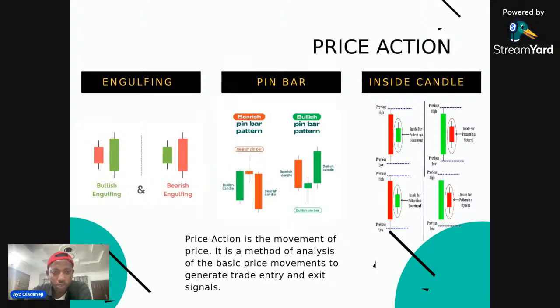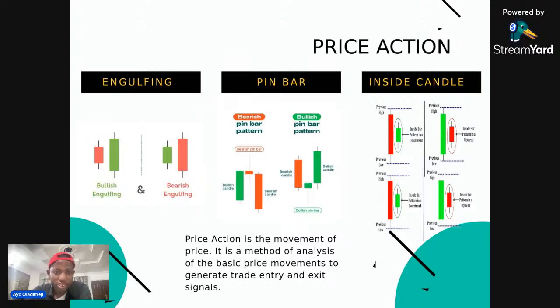A bearish pin bar has a long wick and a short tail with a body that opens at the top and closes at the bottom. That's a pin bar.